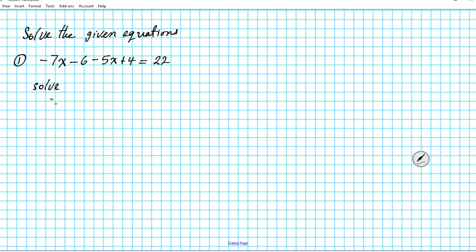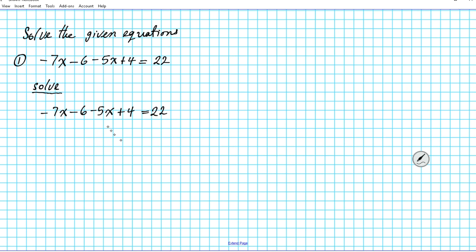Now, when we're solving an equation, what we want to remember is that the ultimate goal is to isolate the unknown variable, which is x in this case. Okay? So before we start, we're going to go over the steps that we will follow to solve this equation. In order to get x isolated, we're going to start off by combining like terms, the variable terms, and then the constant.